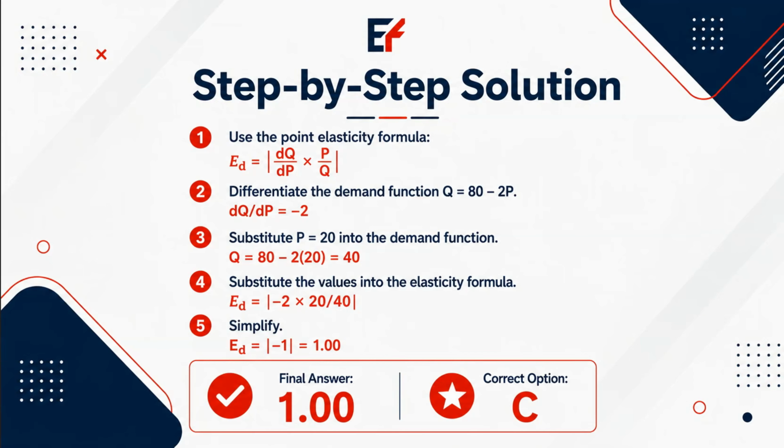Now substitute the values, -2 times 20 over 40. Taking the absolute value gives the unit elastic result. Option A and option B are too low because they understate the responsiveness of quantity demanded. Option D is too high because it doubles the actual responsiveness. The key is to find quantity first, then apply the point elasticity formula carefully.